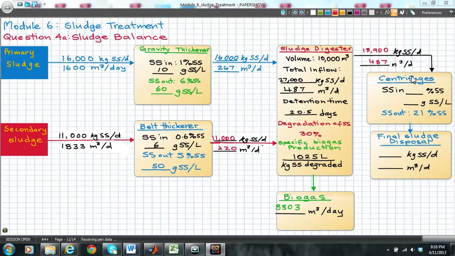So the next thing that we have to calculate is what the suspended solids concentration is.